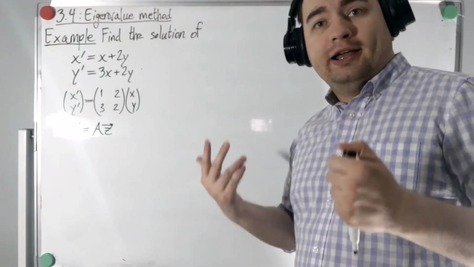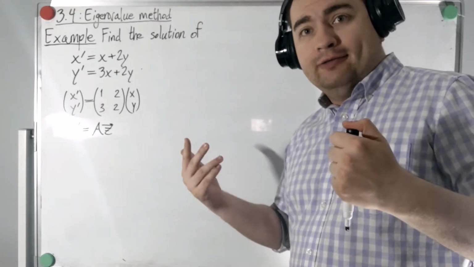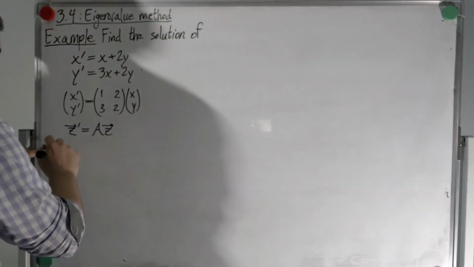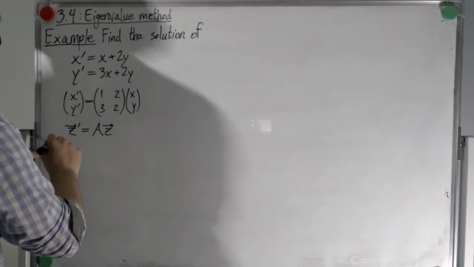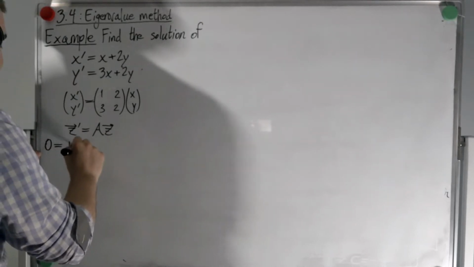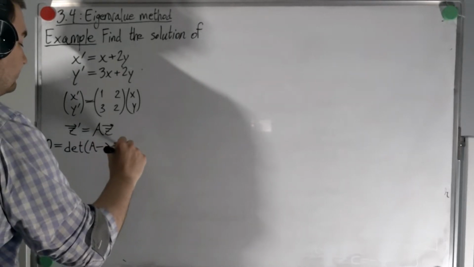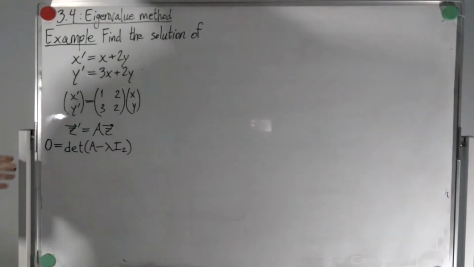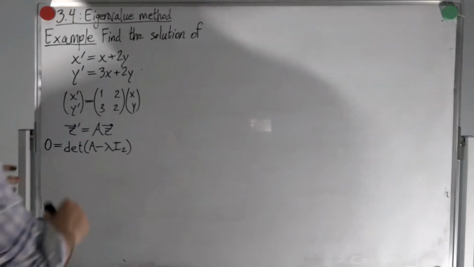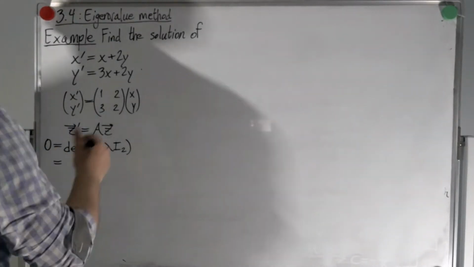Let's try to find the eigenvalues of A. So to do that, we need to take the determinant of A minus lambda I2 and set that to 0.